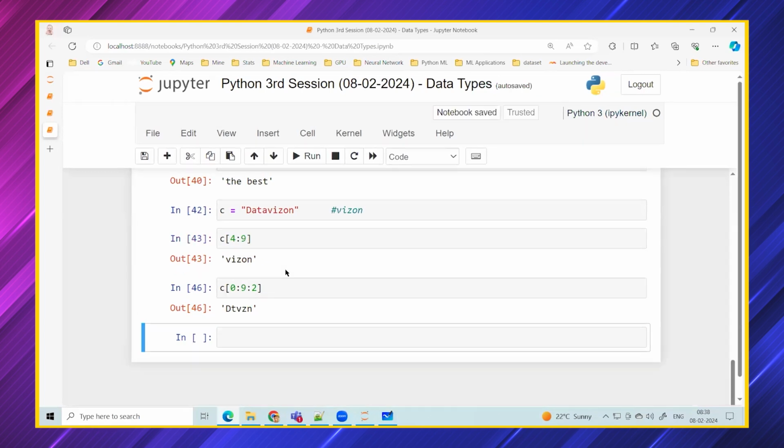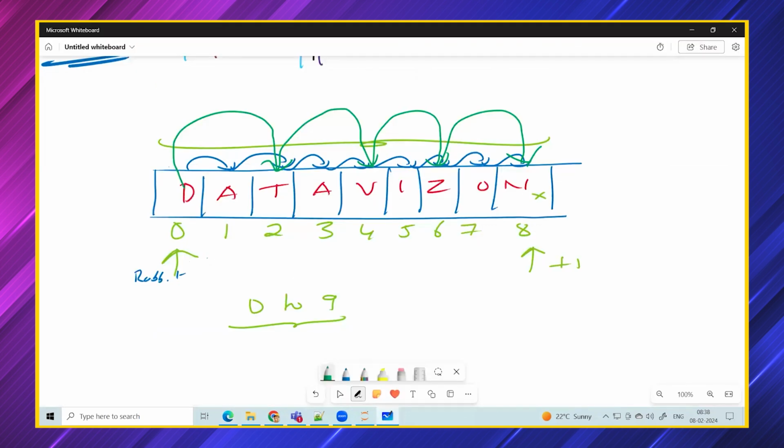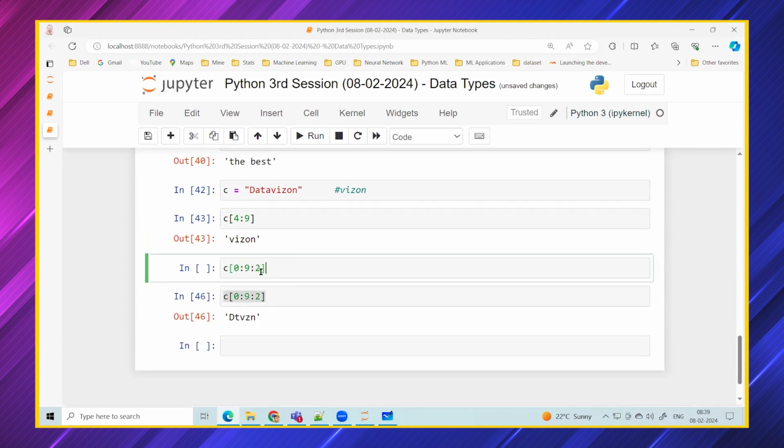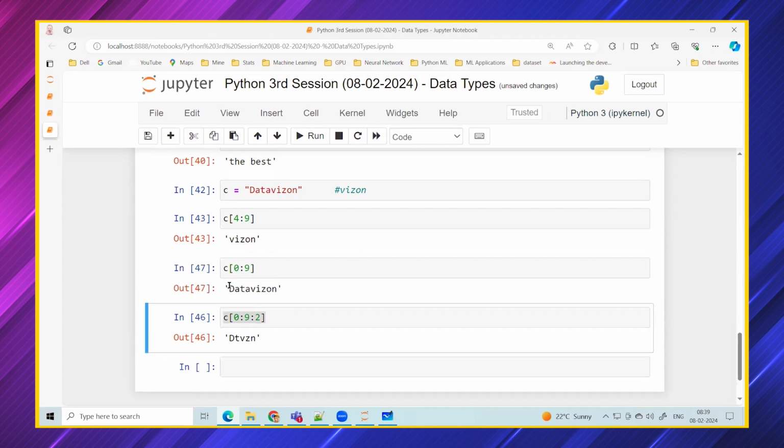How are we getting this? It's D, V, Z, N, totally 5 characters from data vision. I'm actually getting only these.